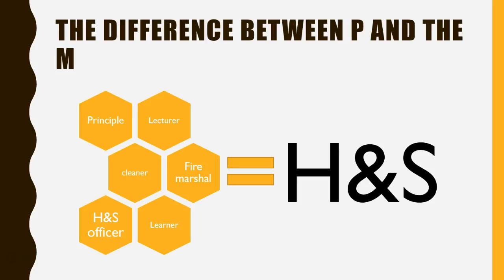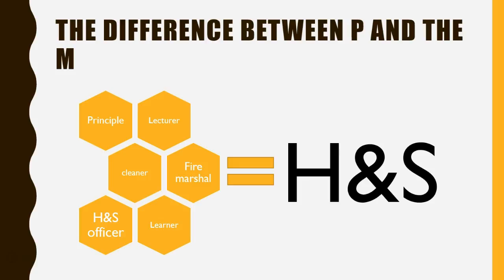But that is a legal obligation, that you have fire marshals within a building, within an organisation, to help contribute to health and safety within the whole college environment. Likewise, it's up to different lecturers to make sure they keep their areas clean, and that helps contribute to health and safety. Also, reminding students not to lean back on their chairs, something as simple as that, again helps to contribute and reinforce health and safety.